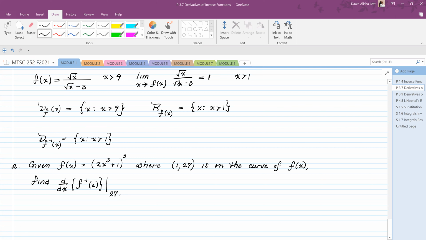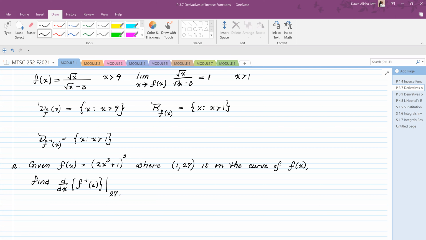All right, so I said given f of x, the function is (2x cubed plus 1) cubed. Now the point (1, 27) is on the curve. So if I put in x equals 1, I get 2 times 1 is 2 plus 1 is 3. 3 cubed is 27. So the point (1, 27) is on the curve.